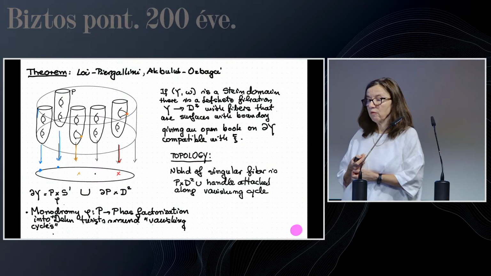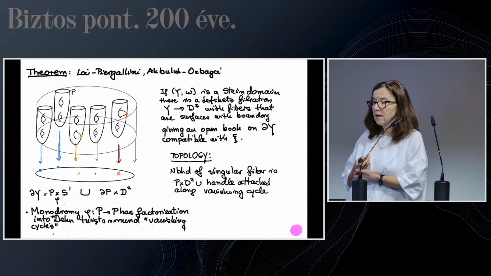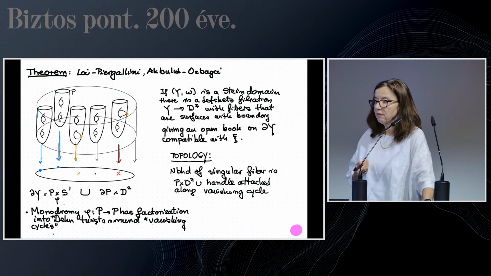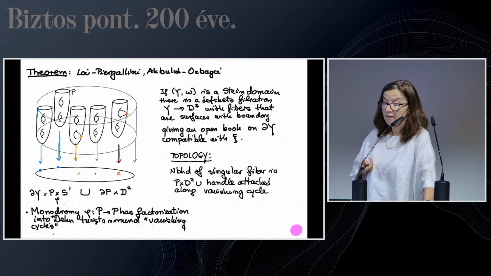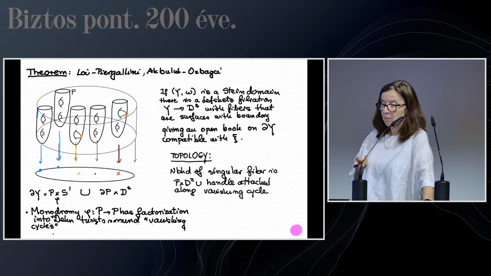So the theorem of Loi-Piergallini and Akbulut-Ozbagci is that if Y is a Stein domain, then there is a Lefschetz fibration with fibers that are surfaces with boundary, now over D².